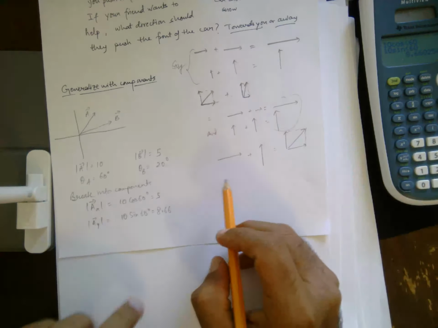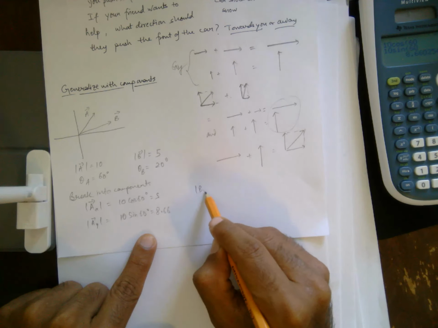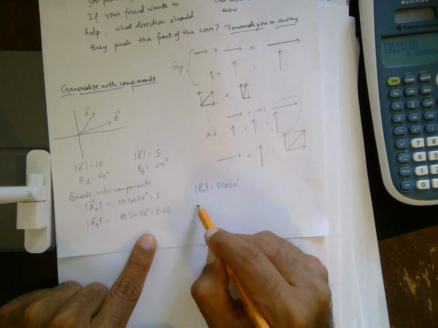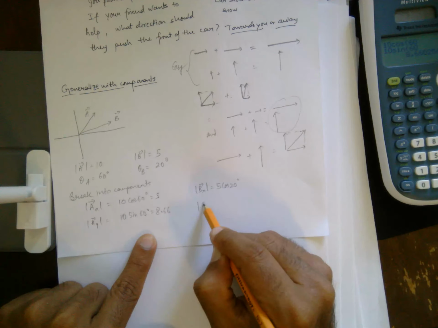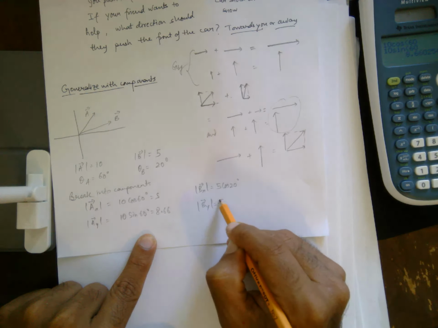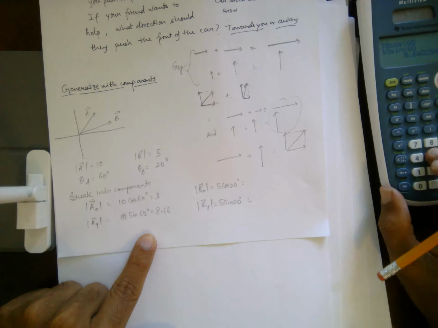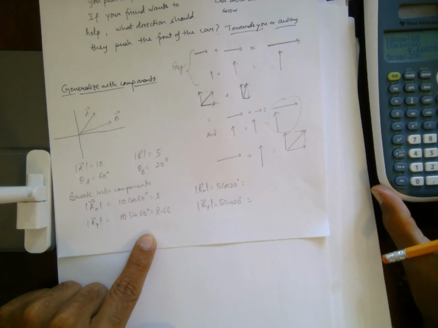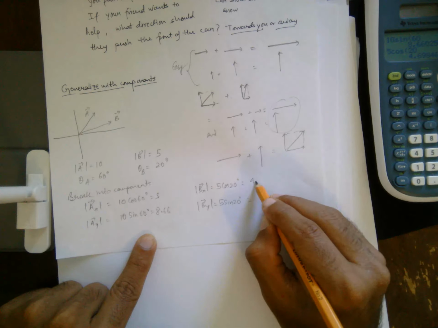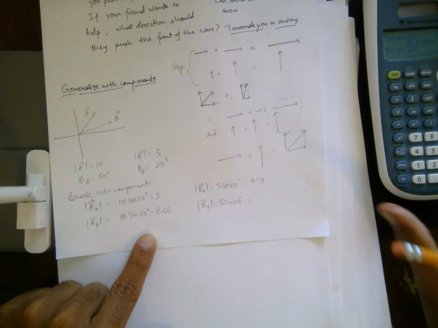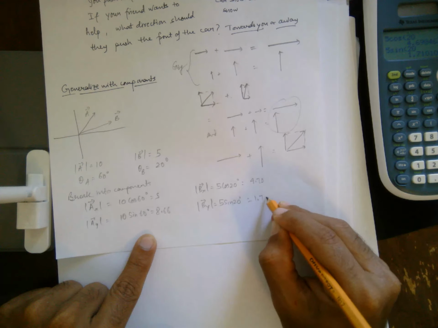Do the same with vector B. So BX is 5 cosine 20. BY is 5 sine 20. 5 cosine 20 is 4.70, and 5 sine 20 is 1.71.